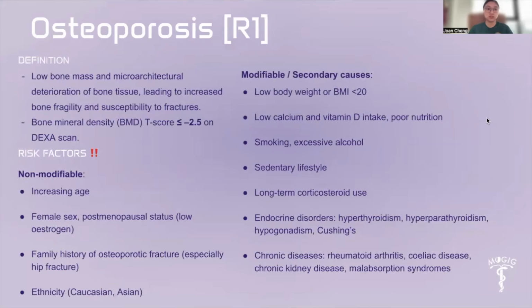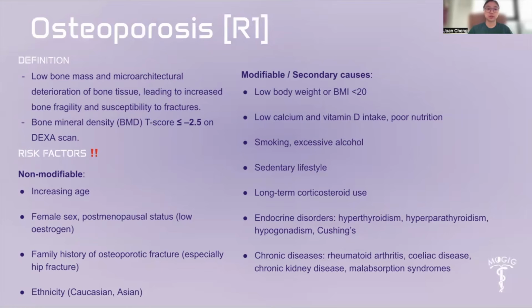Osteoporosis is defined as low bone mass and microarchitectural deterioration of bone tissue, and that leads to increased bone fragility and susceptibility to fractures. So you often hear that an older lady comes in with a fall from standing height, and that can cause a fracture. The bone mineral density T score would be less than or equal to negative 2.5 on the DEXA scan.